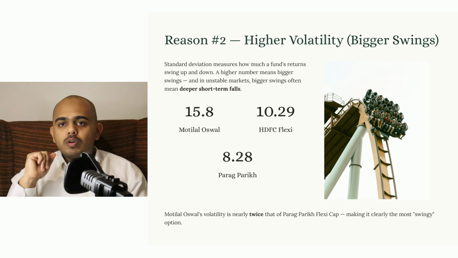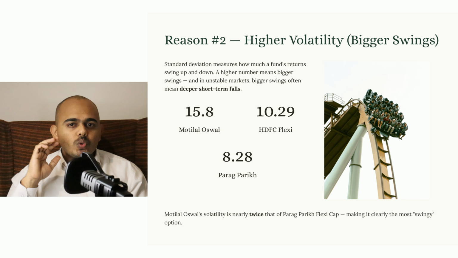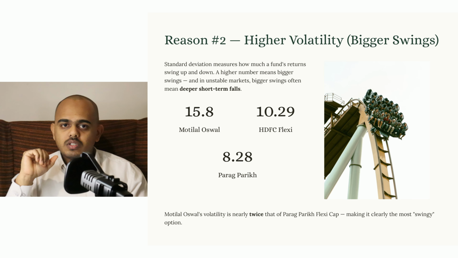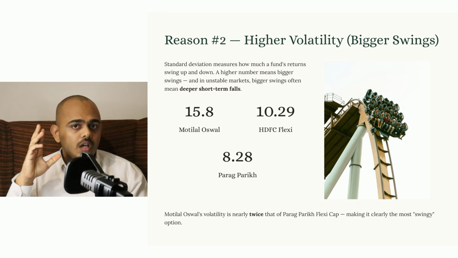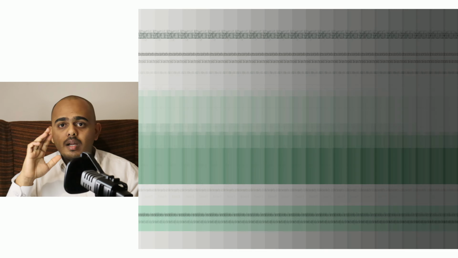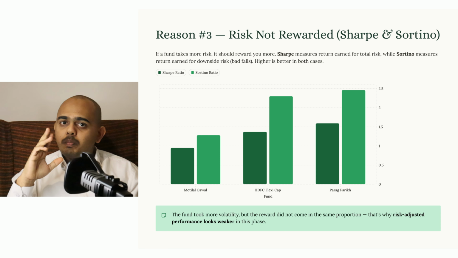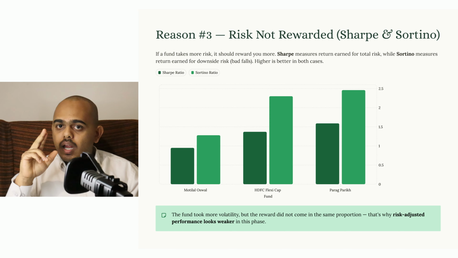Now the most important check: if a fund takes more risk, it should reward you more. That's where Sharpe and Sortino come in. Sharpe means return earned for total risk. Sortino means return earned for downside risk, meaning bad falls. Higher is generally better. In the snapshot, Sharpe is 0.95, the peers are 1.37 and 1.59.